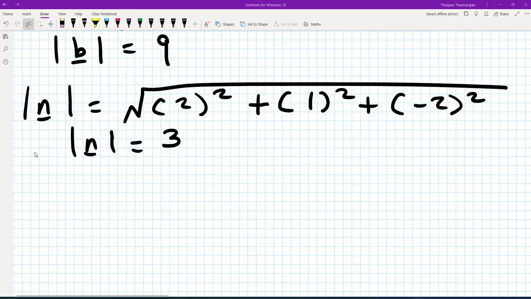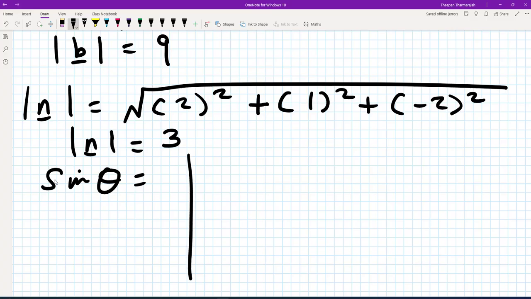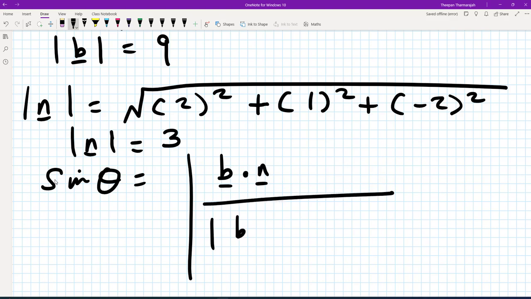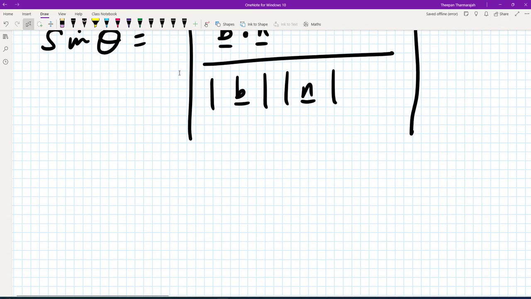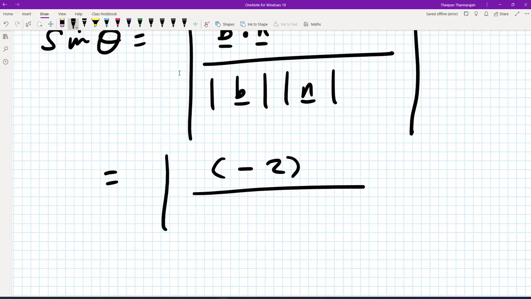So now we're going to say sine theta, a big modulus sign, B dot N over mod B times mod N. And this will always, by default, give us the acute angle by using the modulus sign. Now, this is quite nice because we have a minus on the numerator, which I put in brackets, minus 2, and 9 times 3 respectively.